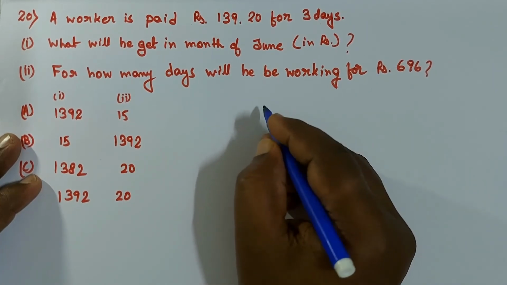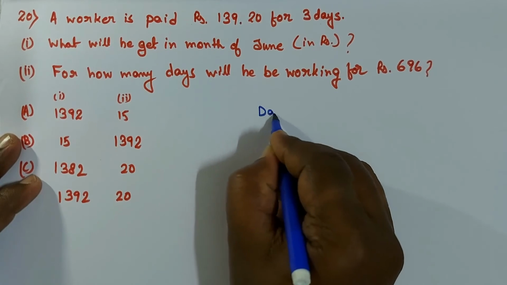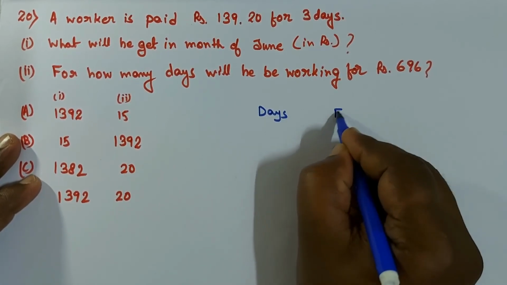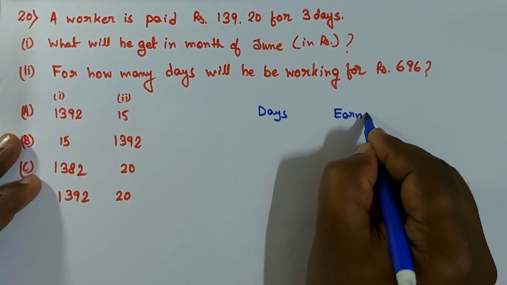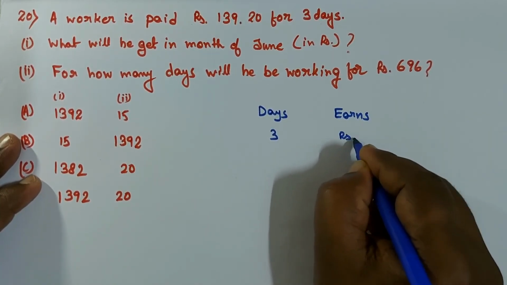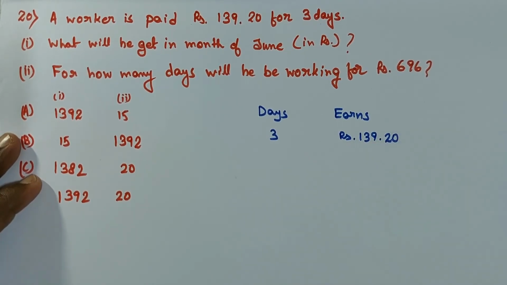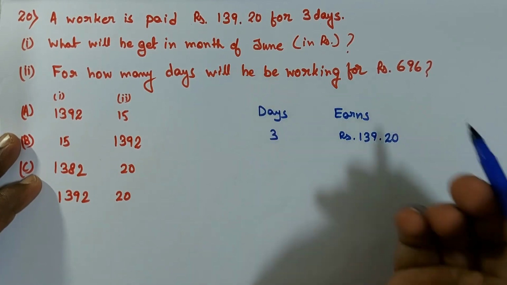Days, earns. Okay, 3 days works, rupees 139.20 earning. Now what will he get for the month of June?